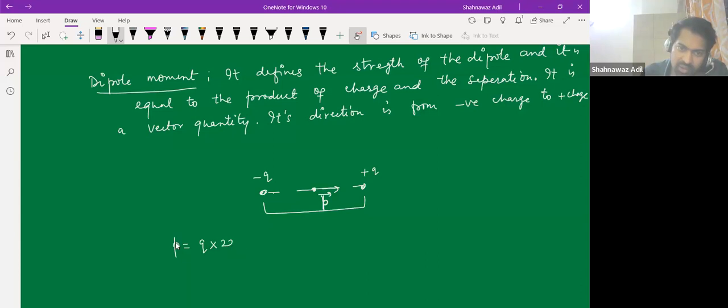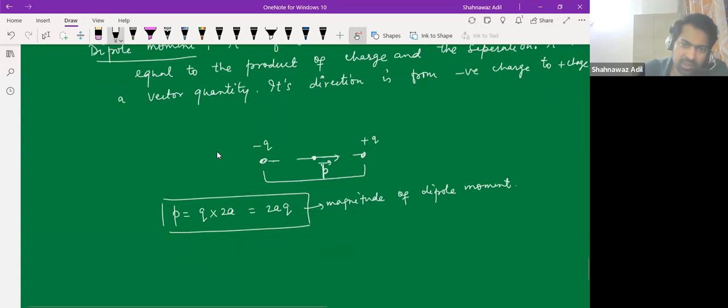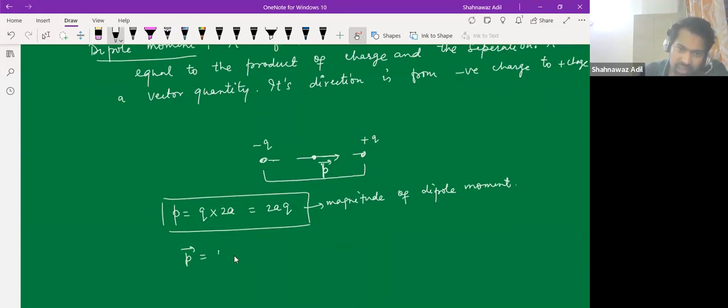A. So this is the magnitude of the dipole, and it is a vector quantity, so it will have this P and P hat.